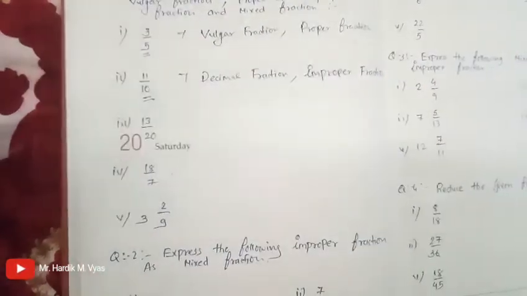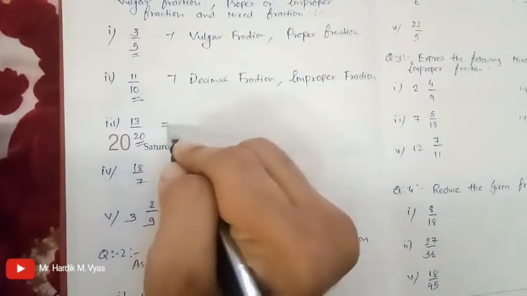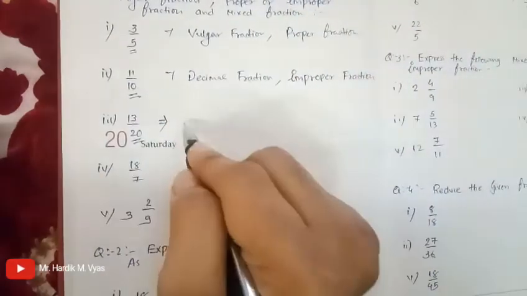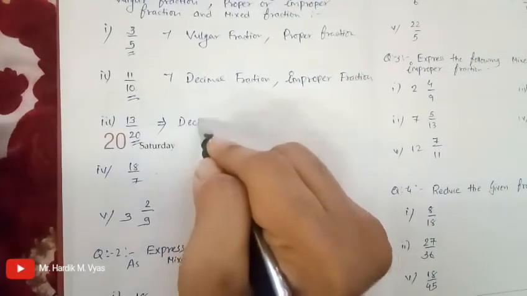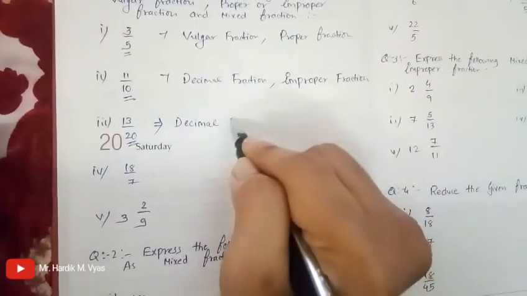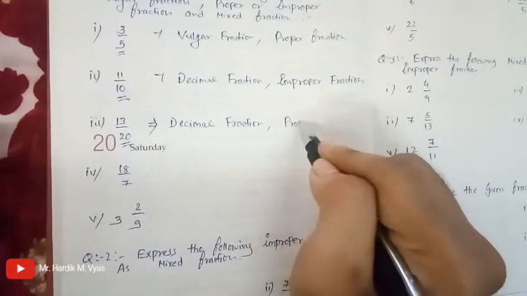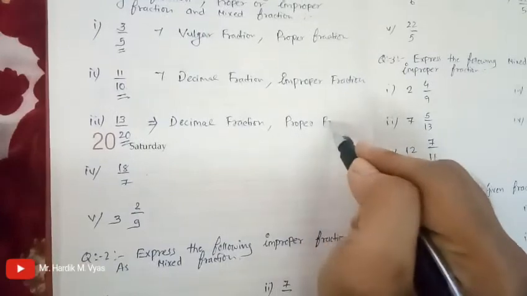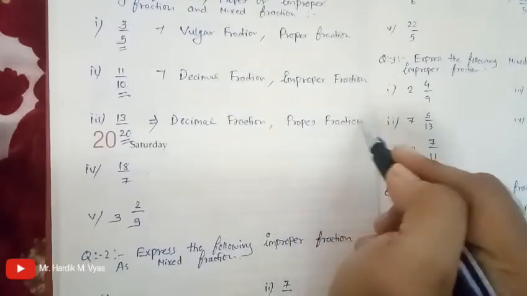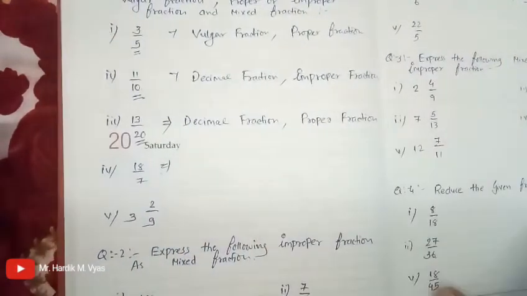Okay, next one, 13 by 20. So 13 upon 20. Here the denominator 20 is a multiple of 10, so that's why it becomes a decimal fraction. And a proper fraction; why is it called a proper fraction? Because the denominator is greater than the numerator.